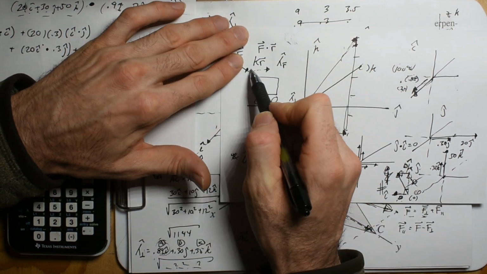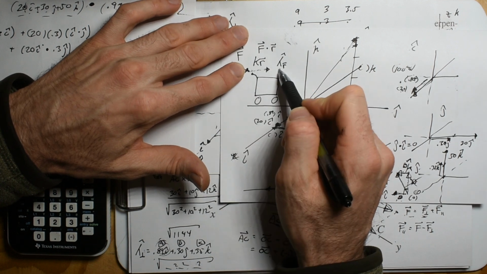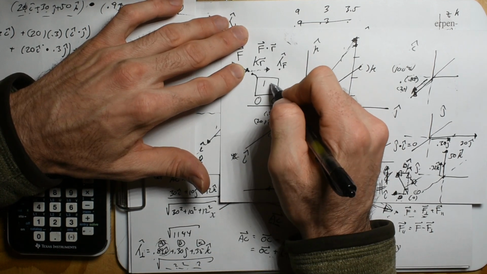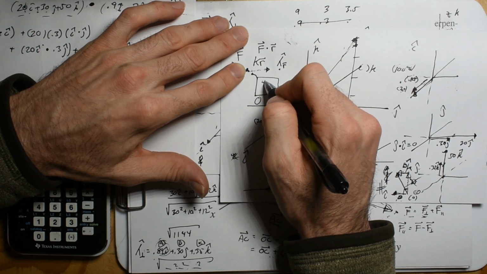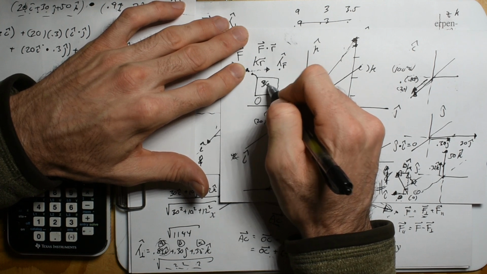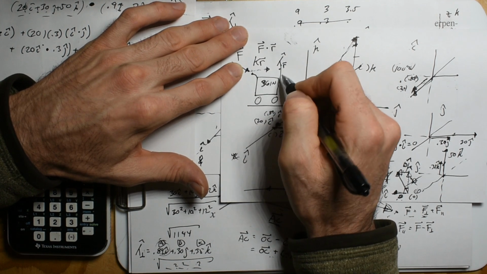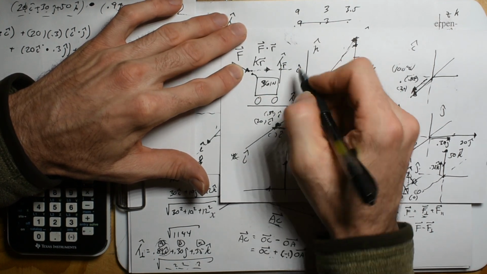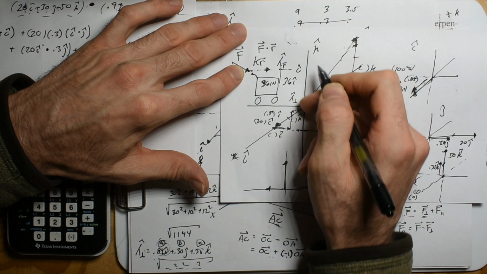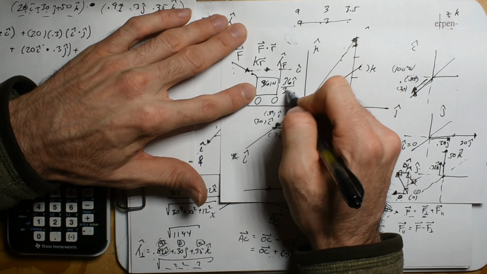So let's say this direction, I'm just going to measure it from here to here, is like 36 inches. Let's say this is the i direction. So I have 36i. It's the only component. I'm going to divide by the magnitude.